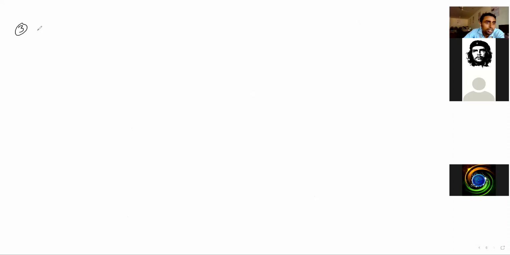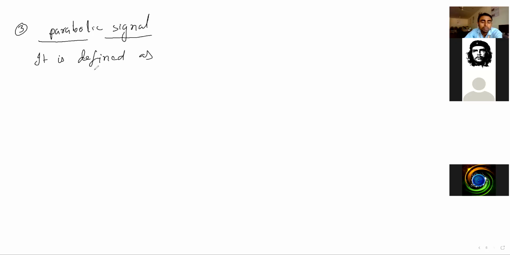The third one is the parabolic signal. The parabolic signal is defined as p(t) equal to t square by 2 when t is greater than or equal to 0, and 0 when t is less than 0.